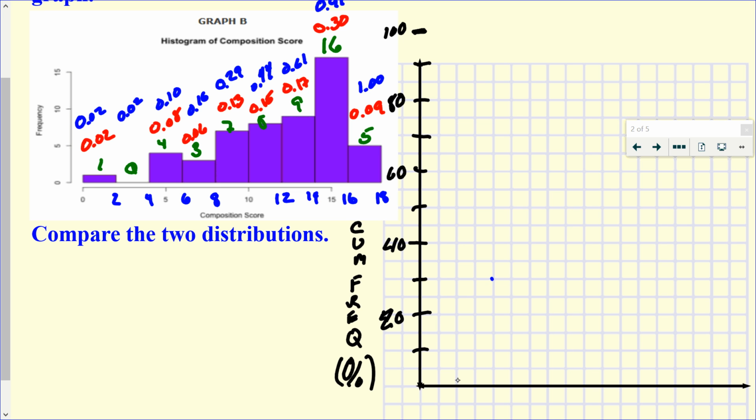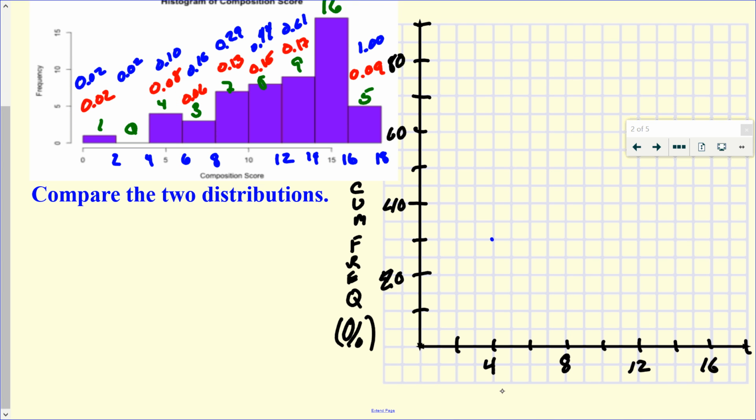And we're coming up to 18, so 2, 4, 6, 8, 10, 12, 14, 16, 18. We don't know what this is actually, just calling it comp score, so we'll just write it down here. Comp score.